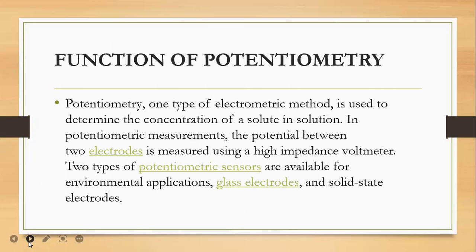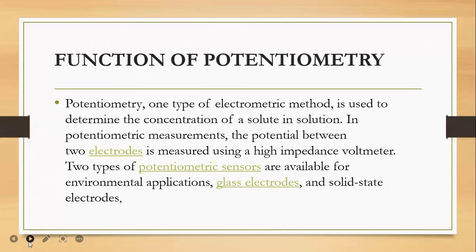So next, let's move on to the function of potentiometry. Potentiometry, one type of electrometric method, is used to determine the concentration of a solute in solution. In potentiometric measurement, the potential between two electrodes is measured using a high impedance voltmeter.